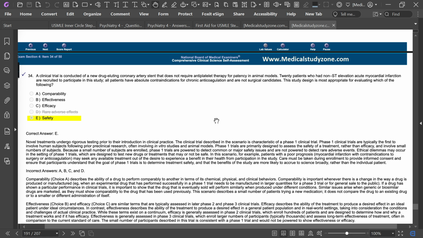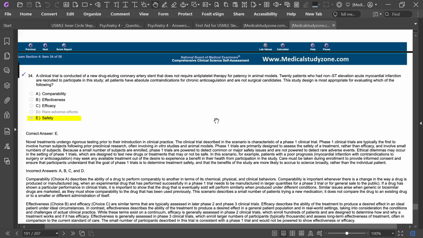Care must be taken during enrollment to provide informed consent and ensure the participant understands that the goal of phase 1 trials is to determine safety, and the benefits of the study are more likely to go to science broadly rather than the individual patient.